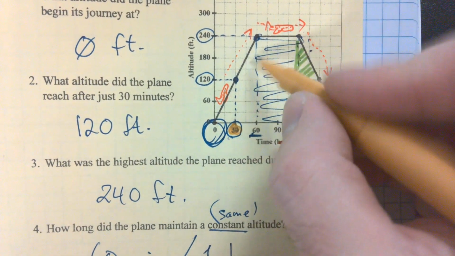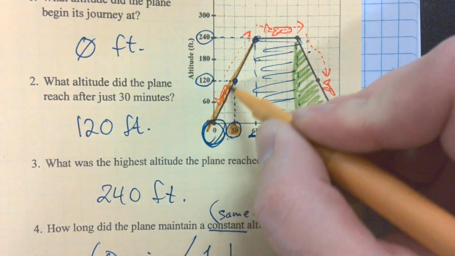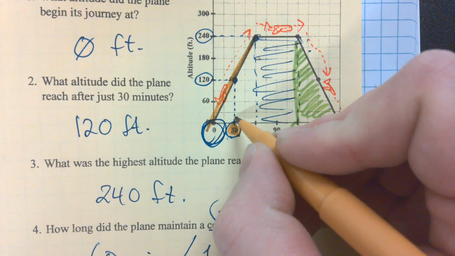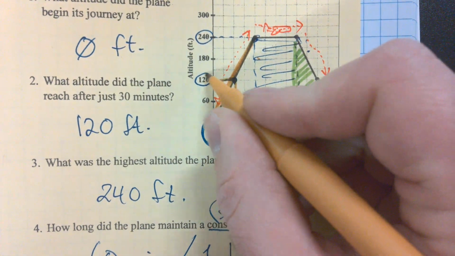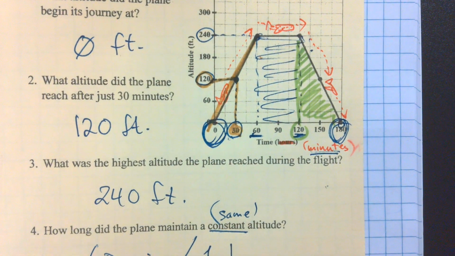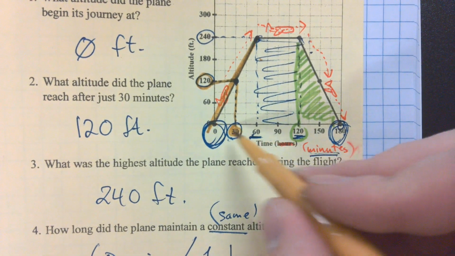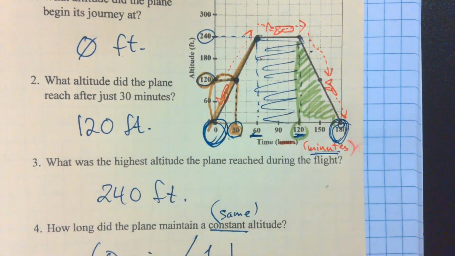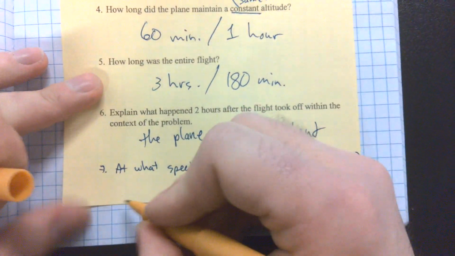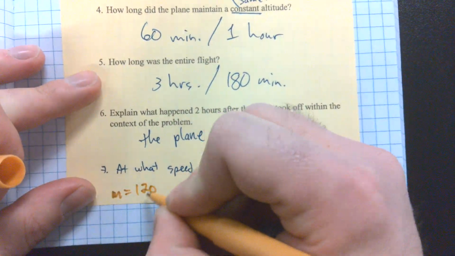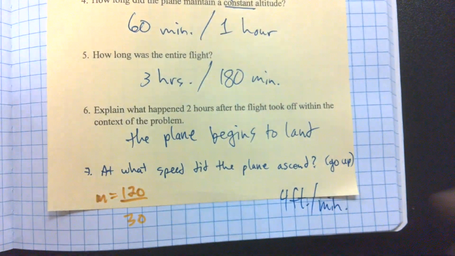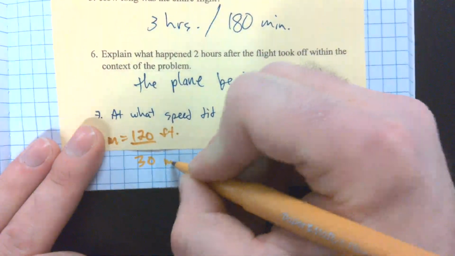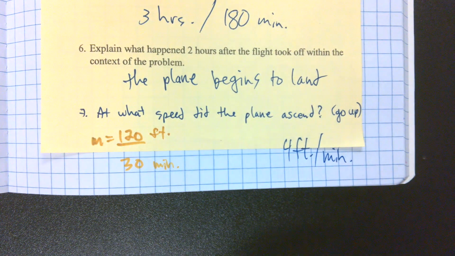Okay, so we take a look, right? My ascent is this line here. It's when we're going up, up, up into the air. In 30 minutes, the plane ascended 120 feet. So this is just rise over run, right? If we rise 120 and run over 30, we get 120 over 30, 120 feet in 30 minutes.